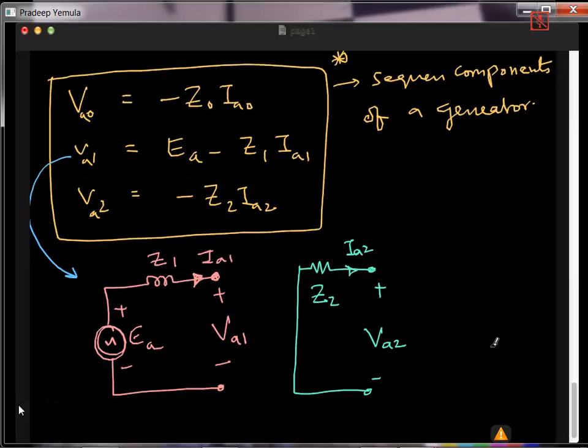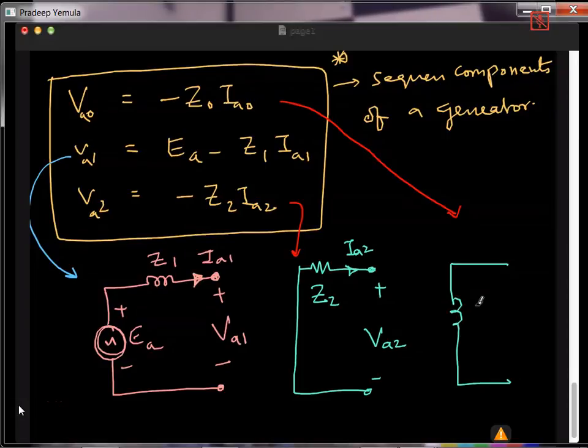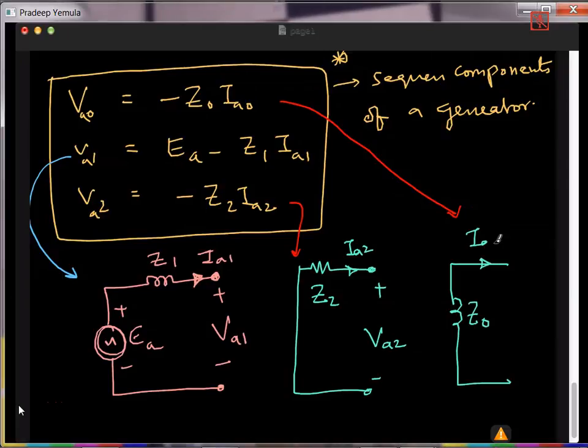Similarly, you have the zero sequence. The network of the zero sequence is like this: this is Z0 and this is IA0.